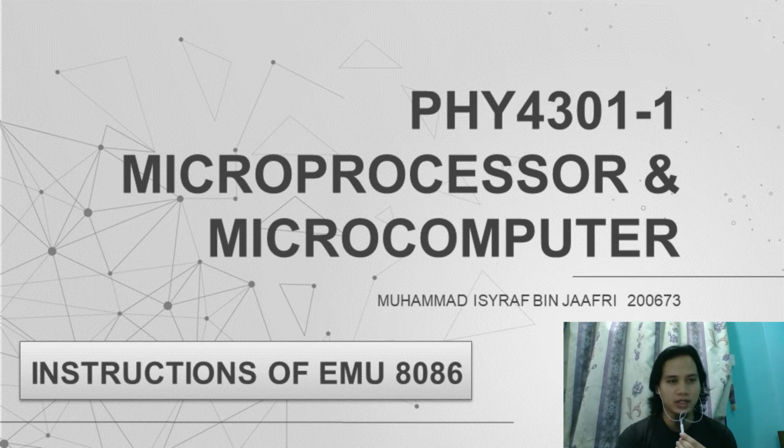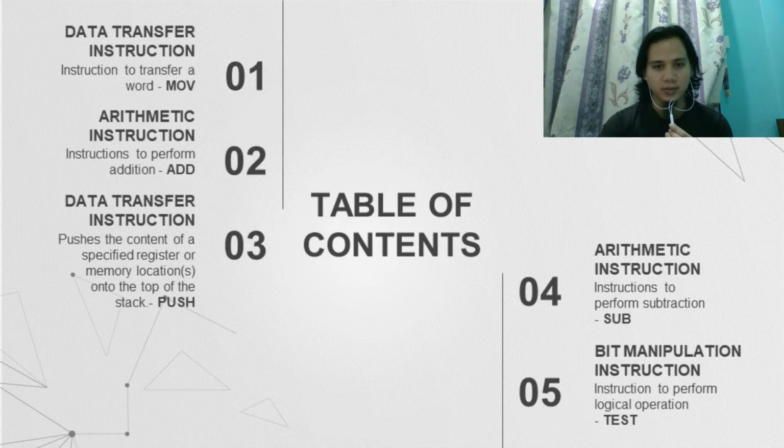For the next slide, this is the table of contents. In this video I will present five instructions of EMU8086. The first is the data transfer instruction with the code MOV, an instruction to transfer a word. The second is the arithmetic instruction to perform addition, with the code ADD.